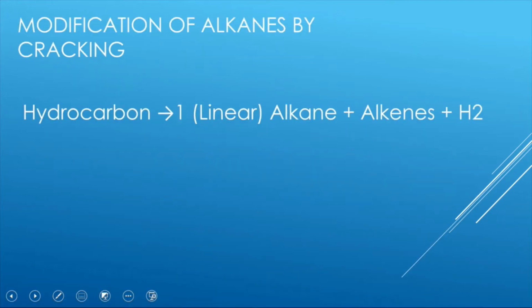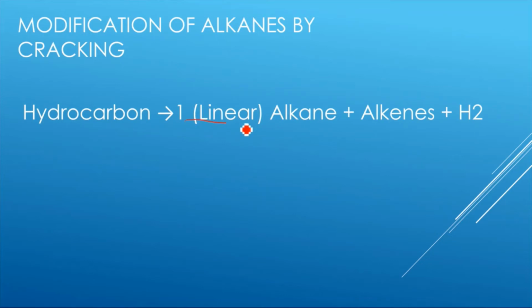Right, so again, just learn this. When you have thermal cracking, you would only ever produce one alkane, and it mainly tends to be a linear alkane. So it's the opposite of catalytic cracking, where you have the branched alkane.